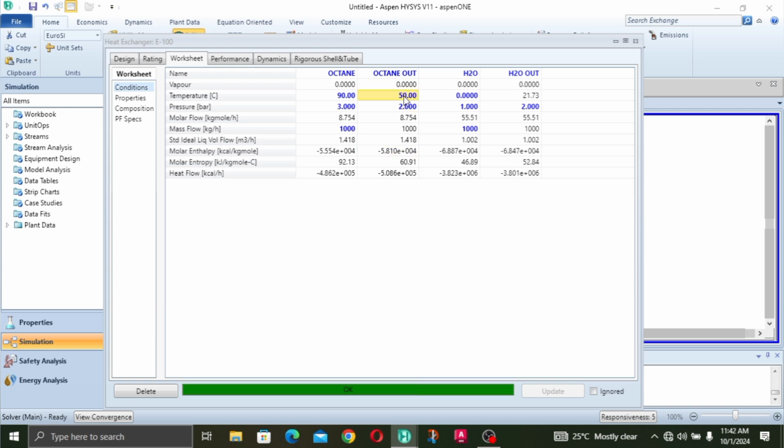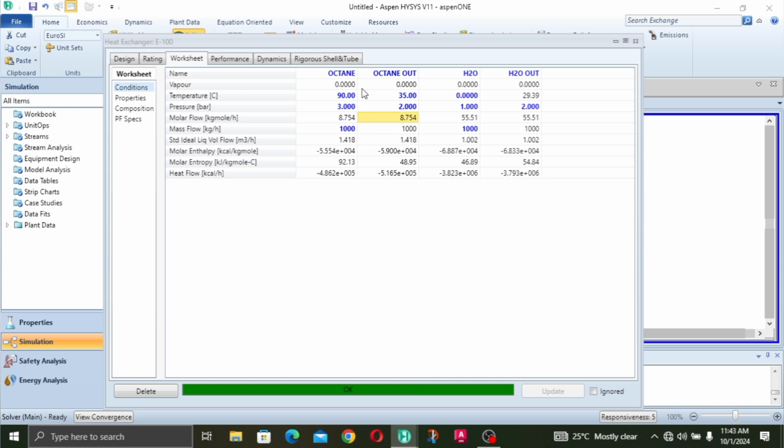Let's see if we can squeeze out more energy. Let's say this is 35. Yeah, we're able to do that. So we have a change in temperature for the octane, the hot stream, of about 30. Is that 65? No, that's about 45. Is it? Yeah, actually, no, 55. Yeah, so that's perfect.